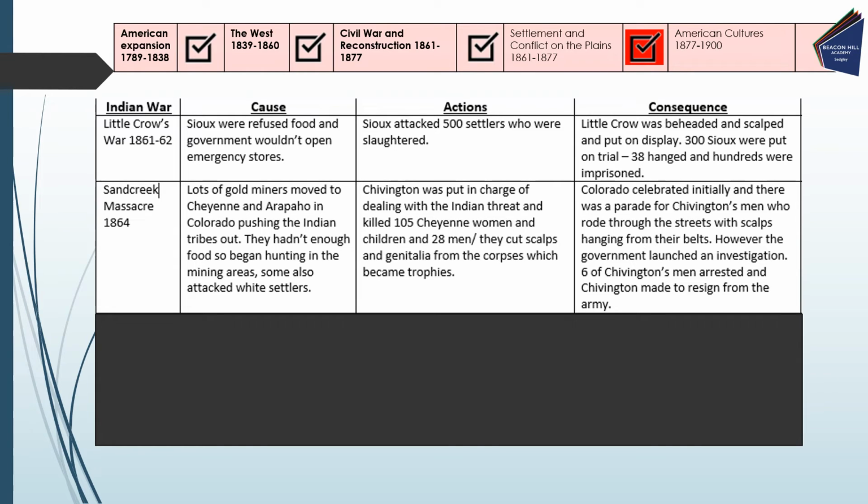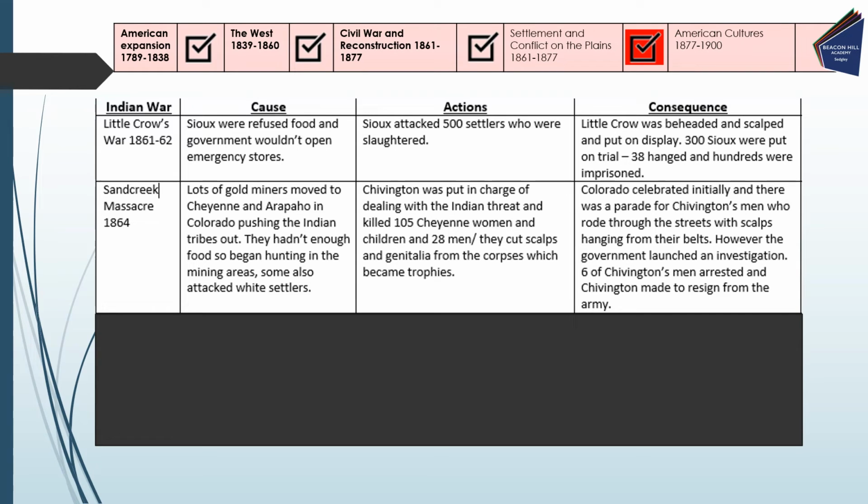A man named Chivington was put in charge of dealing with the Indian threat. He's a white American, and he killed 105 Cheyenne women and children and 28 men. They cut scalps and genitalia from the corpses of those people that they had killed from the tribe, and these became trophies.